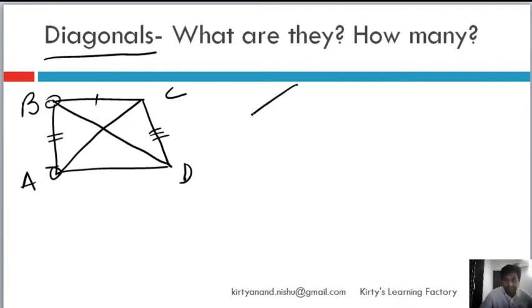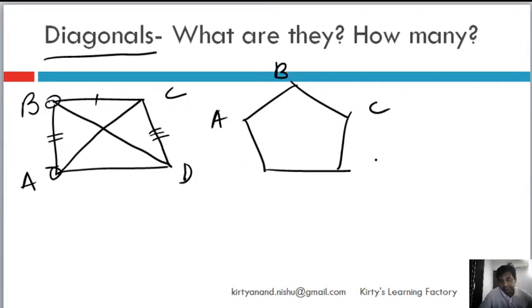Now let's draw a pentagon. A, B, C, D, E. So AB, BC, CD, DE and EA are the 5 sides of the pentagon. But AC, because now I am joining point A to point C, which are non-consecutive points.